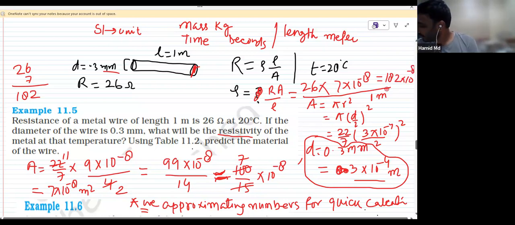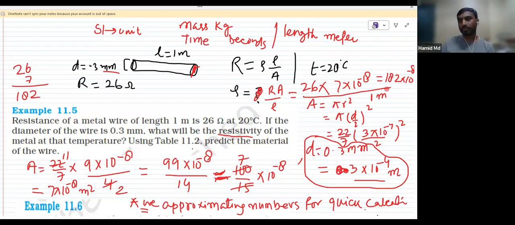So 1.82. I'm just doing the final step. I'm sorry, I really made this screen very messy.